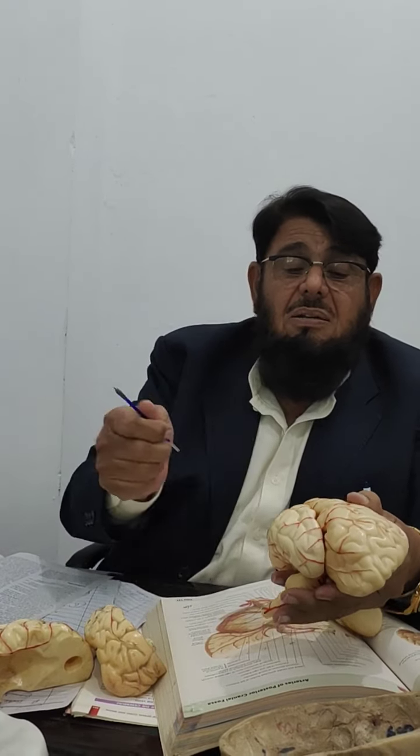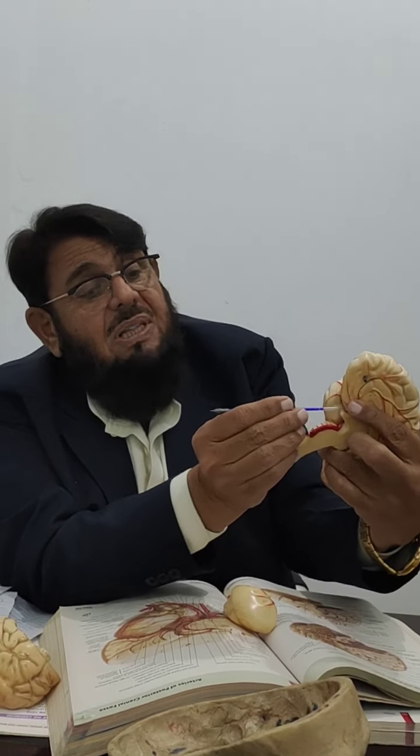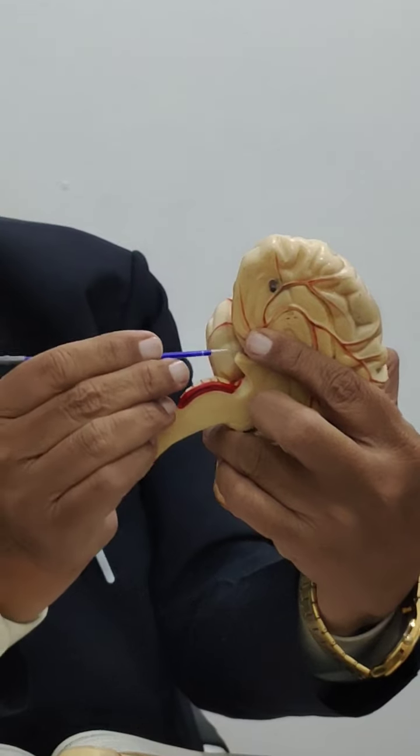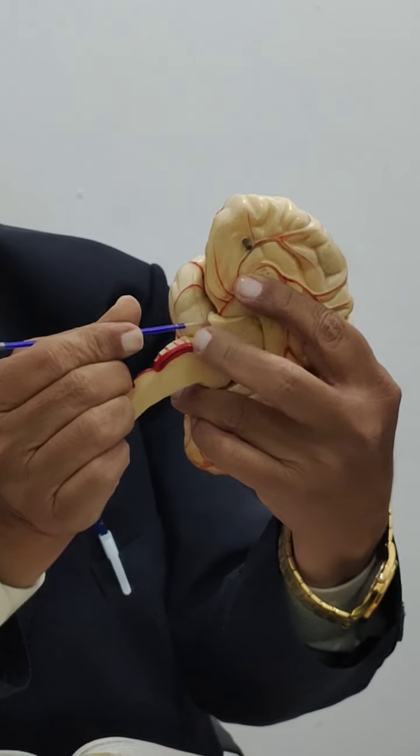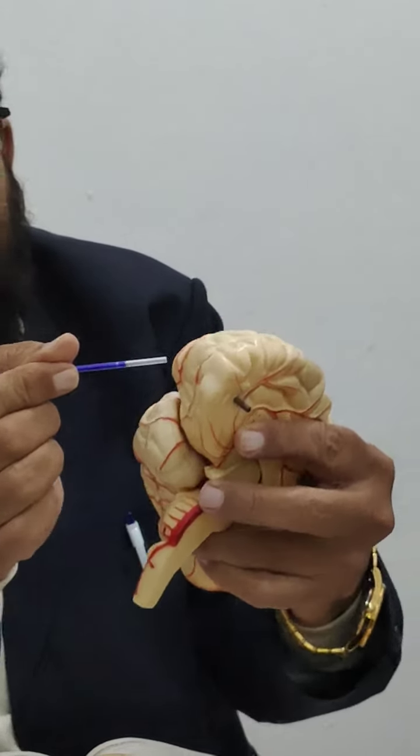Then the deeper lying nuclei, which we also call subcortical areas, the gray matter lying deep, for example the basal nuclei, the thalamus and so on, are supplied by perforating arteries from all three arteries. Over here, from the middle cerebral artery, branches pass through the brain tissue; these are called anterior perforating arteries.